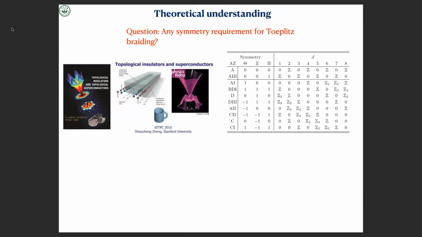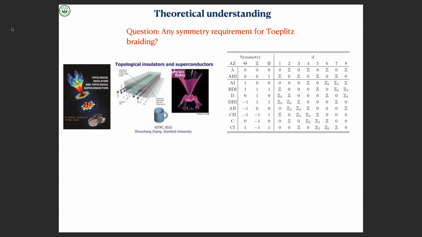Now the direct question is: are there any symmetry requirements for this Toeplitz braiding? Because in topological insulators and topological superconductors, for the topological classification, we need a strong requirement of symmetry. So do we need some global symmetry to protect this phenomenon?